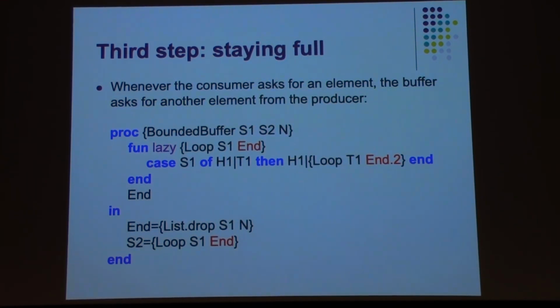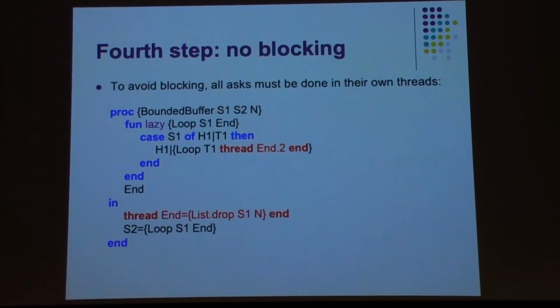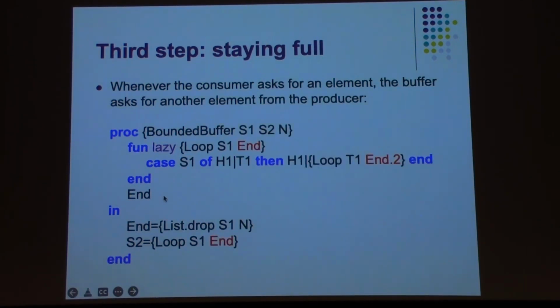Whenever the consumer asks for an element, that removes one element from the buffer, which means the buffer has to ask the producer for one more element in order to stay full. So whenever the consumer takes an element, that's an iteration of loop. This is run whenever the consumer needs an element.